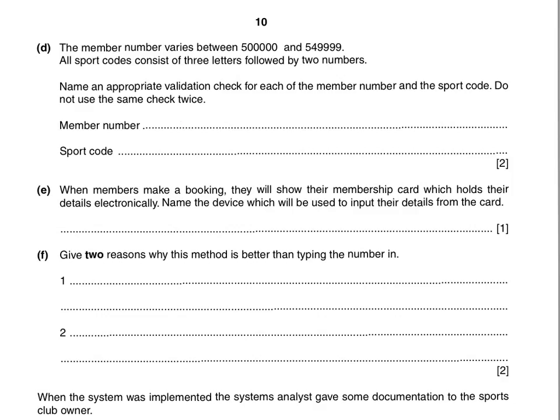Now the member number, I would say the first one would be a length check, because when you look at what it's giving you, it's between 500000 and 549999. A length check, for example, of a telephone number has a certain amount of characters, so a length check in this scenario is only to this size.